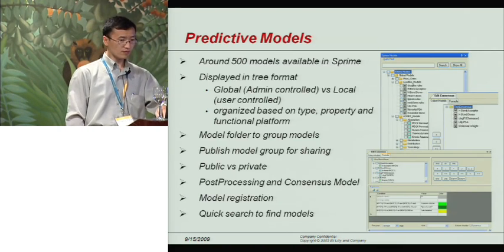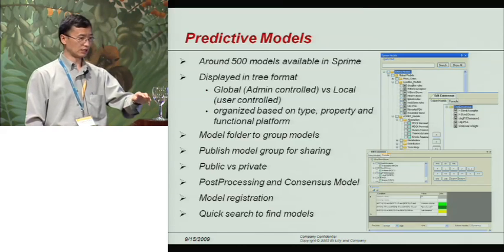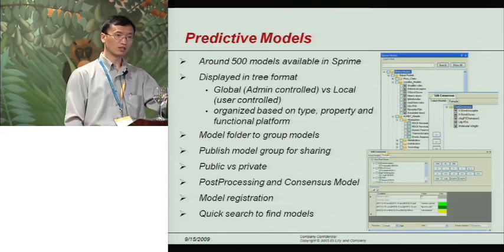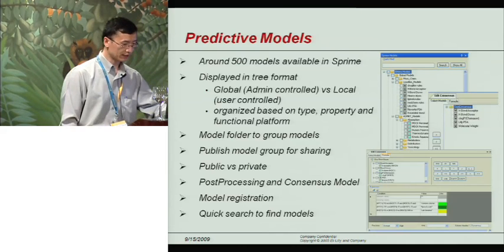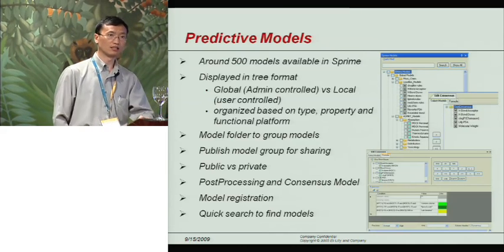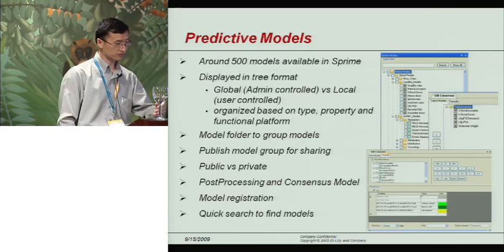And they are also grouped as global models, which are available to everybody but cannot be modified, or local models, which really belong to a single user, so they can do whatever they want.